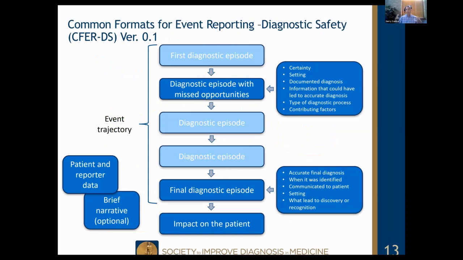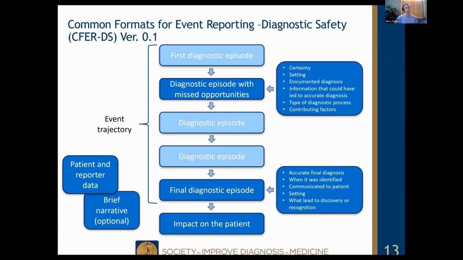So what I've done is, at a high level, I've taken the concepts and definitions contained within the common format and organized them using that patient safety event analysis framework, or that root cause analysis framework. So in the guide, they talk about an event trajectory, like how this actual event transpired.